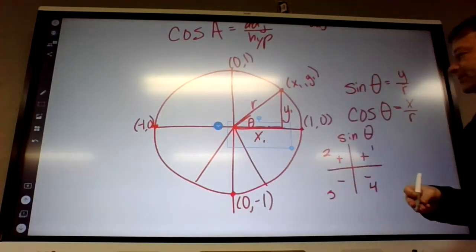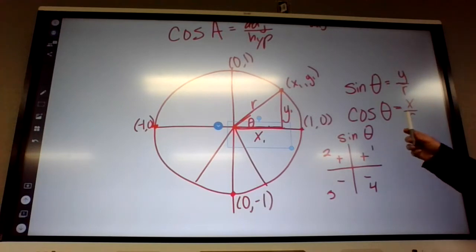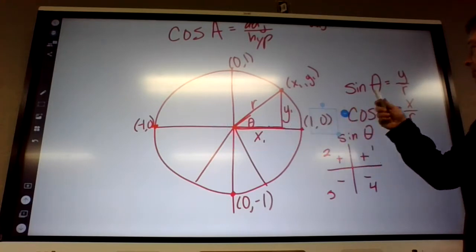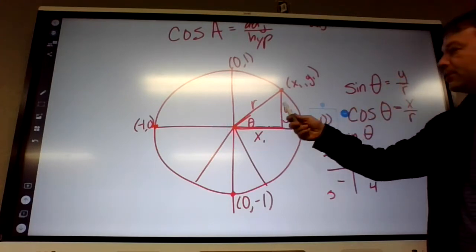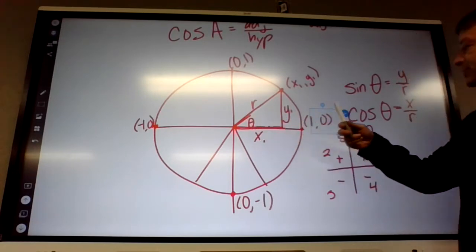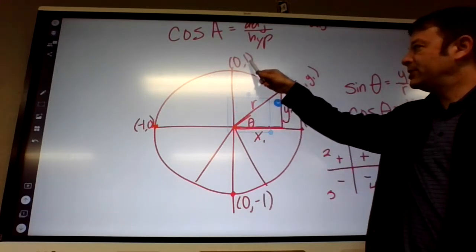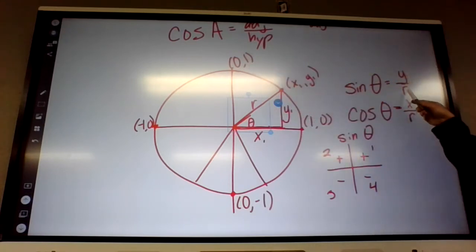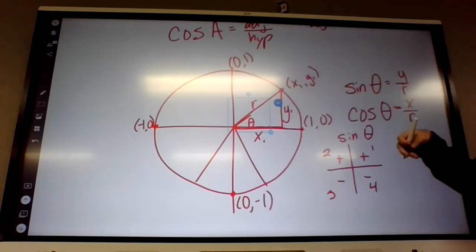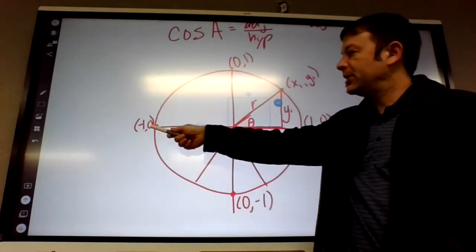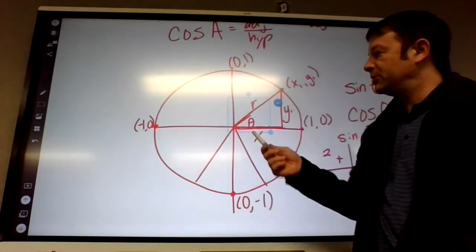If we plugged in sine of 0, the y value is 0 over 1, which is equal to 0. If we plugged in sine of 90, y is 1 over 1, that would equal 1. If we plugged in sine of 180, we would get 0 over 1, so 0.